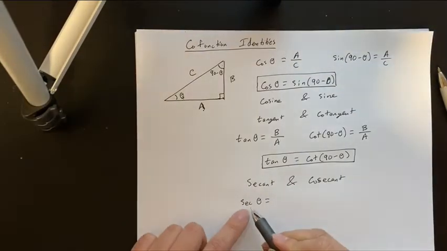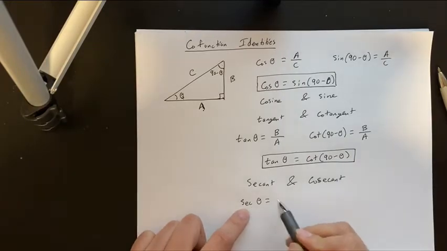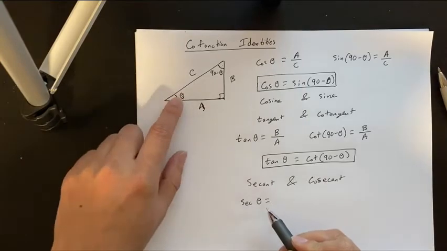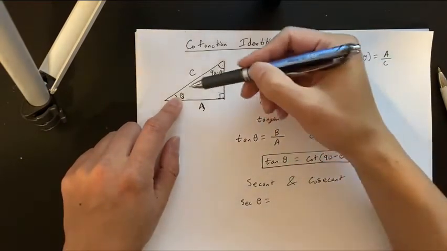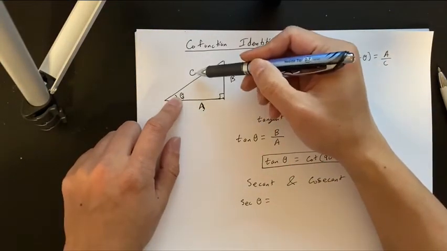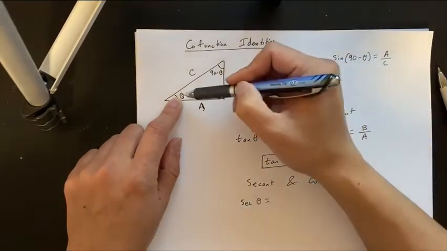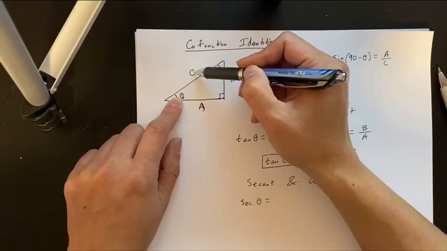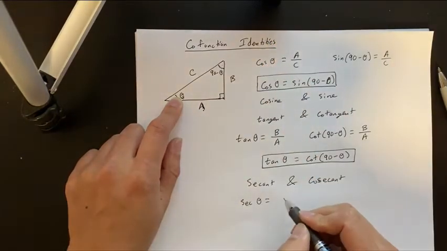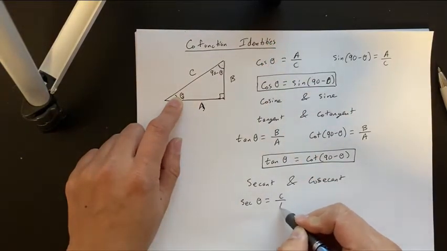Well, recall that secant is the reciprocal of cosine. Here's theta. Cosine is adjacent over hypotenuse, so secant is going to be hypotenuse over adjacent. So this is going to be C over A.